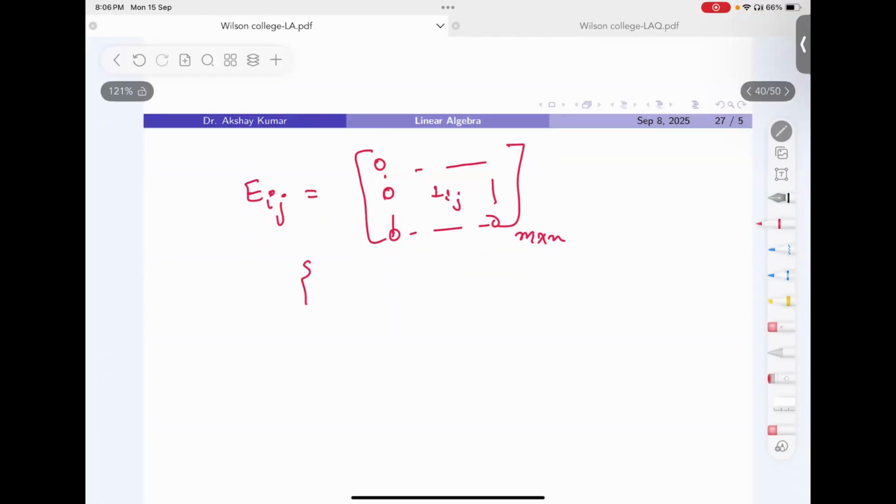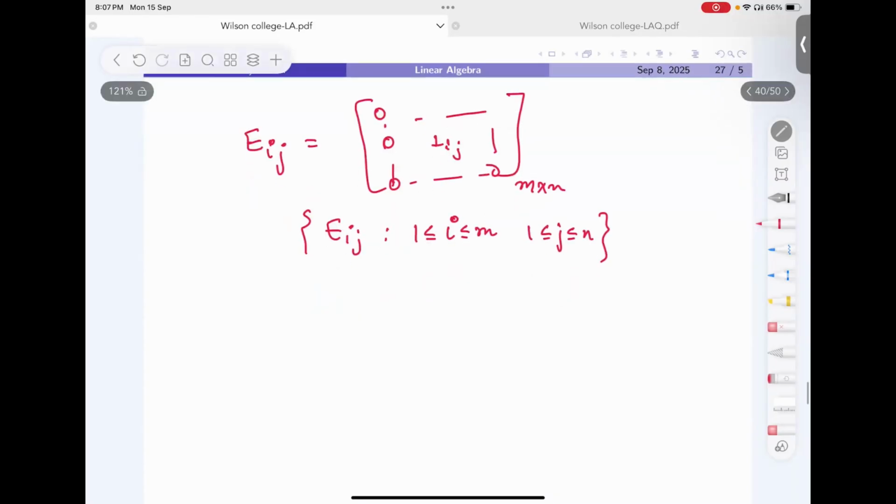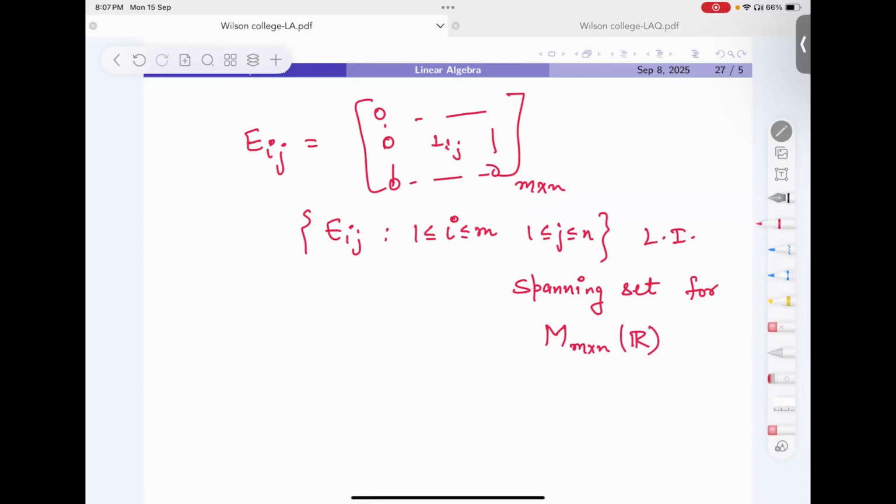It's not tough to check that, where i varies from 1 to M and j varies from 1 to N, this set is linearly independent and a spanning set for all the matrices of order M cross N.